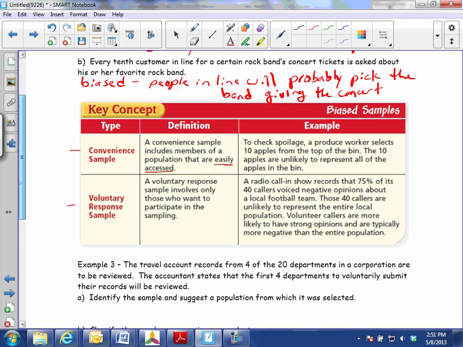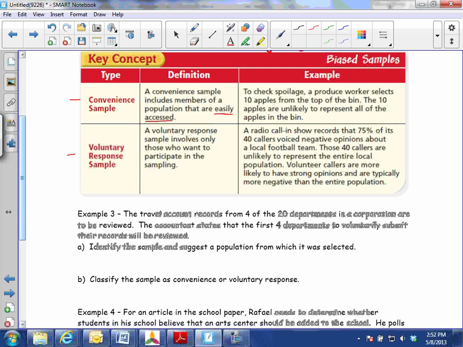And then voluntary response is only those that want to participate. For example, the radio call-in show reports that 75% of its 40 callers voiced negative opinions about a local football team. Those 40 callers are unlikely to represent the entire local population. Voluntary callers are more likely to have strong opinions and are typically more negative than the entire population.